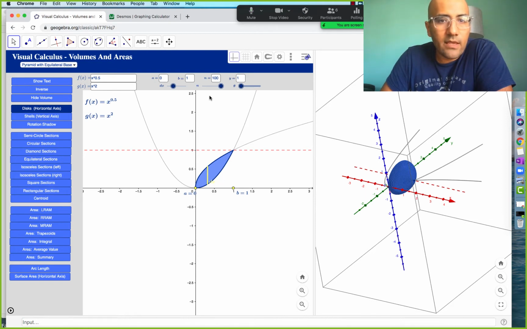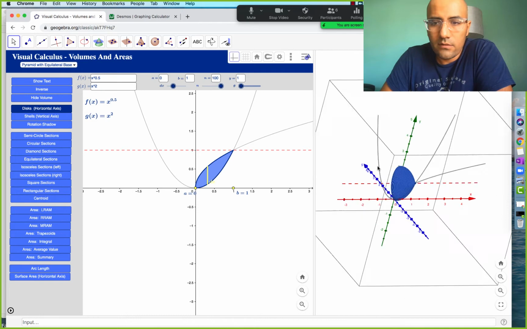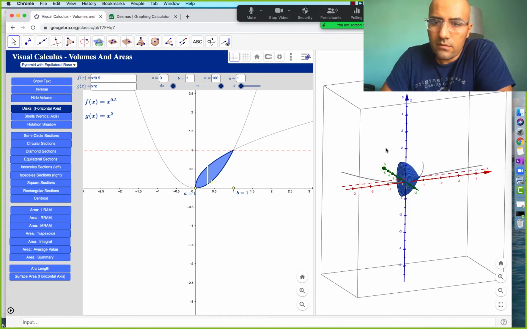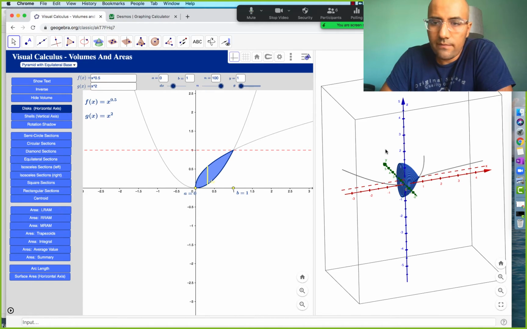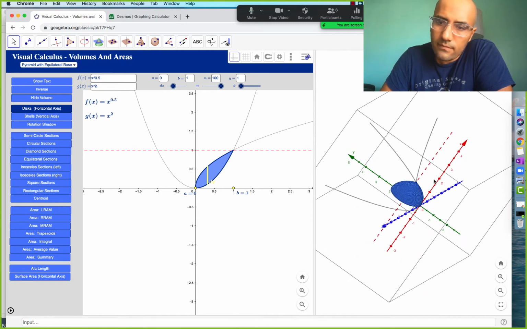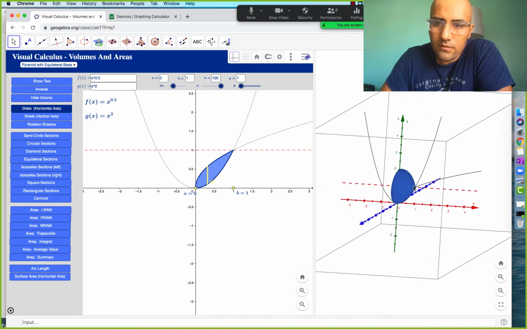Okay, and then once I rotate this, so let's see. I don't see why. Oh. Come on. There we go.